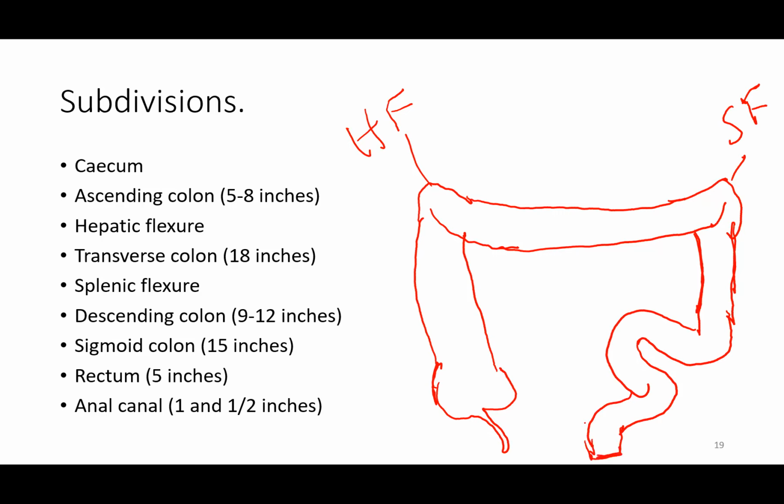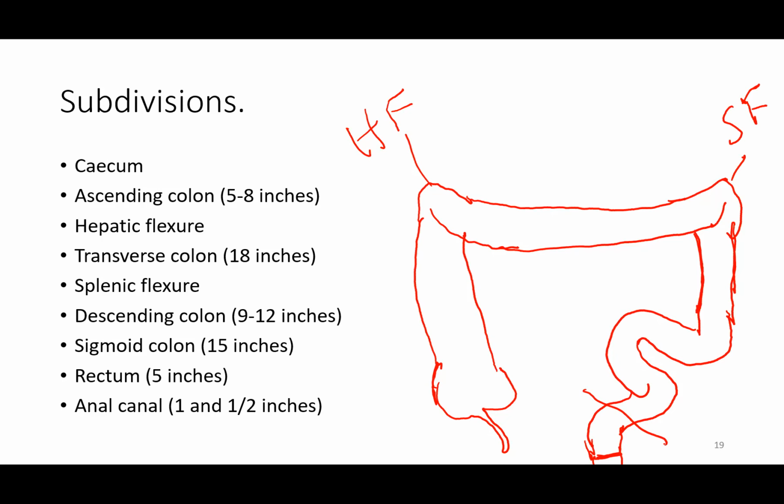It ends as the rectum. The anal canal is a separate entity, so we'll discuss the anatomy of the rectum and anal canal separately.